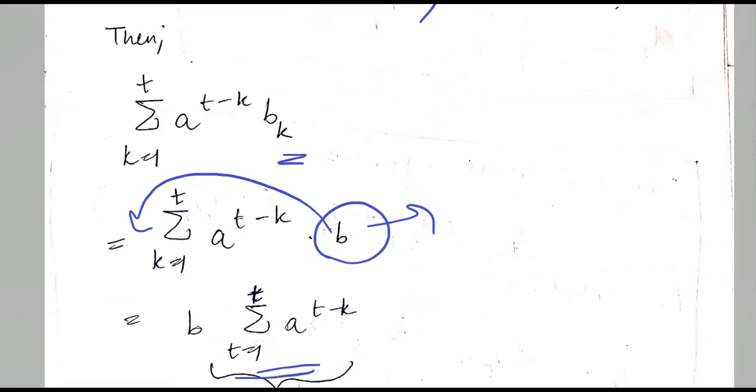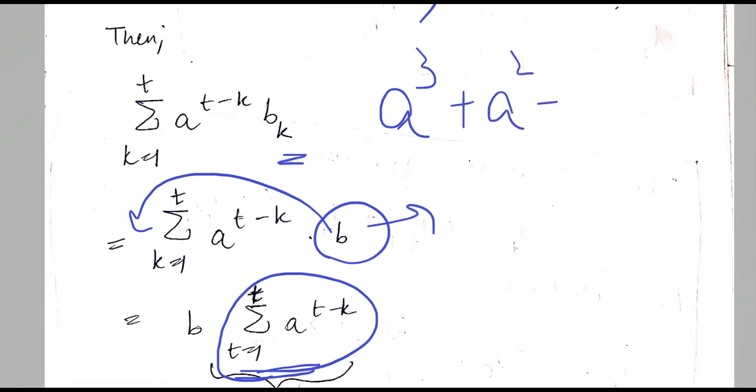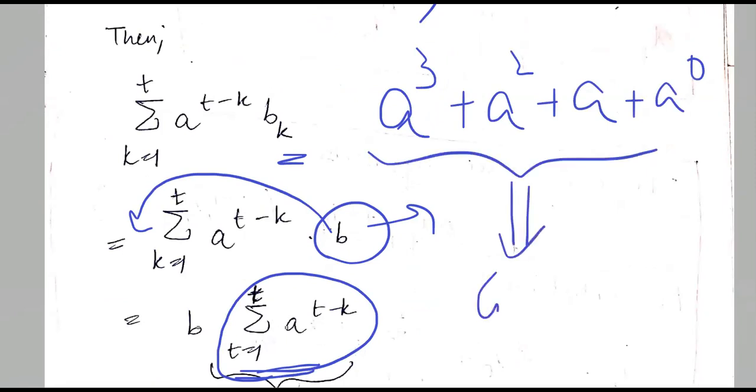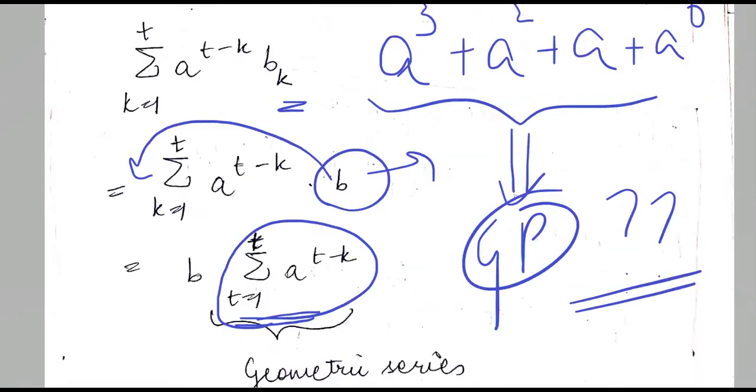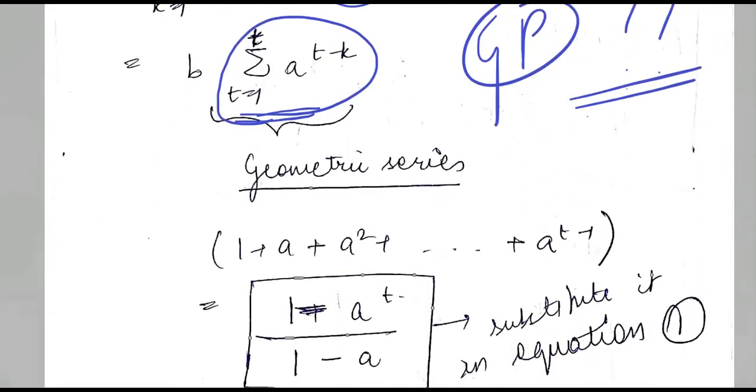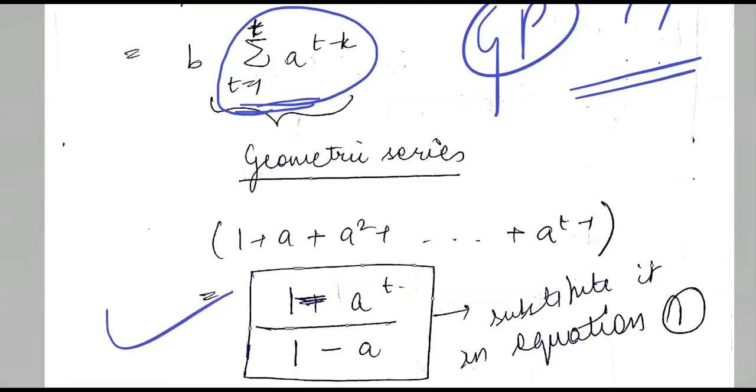But now understand, this is summing up only a's, and the a's were coming like a to the power 3 plus a to the power 2 plus a to the power 0 and so on. Isn't this a geometric progression, right? So I can just directly solve this. This is the GP, and the sum of the GP is going to be this.